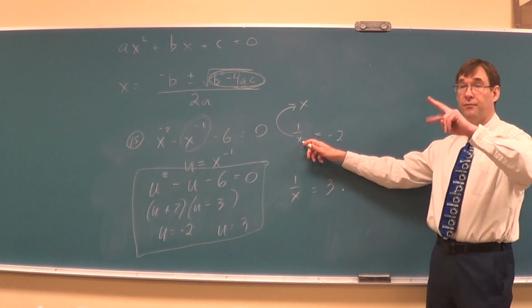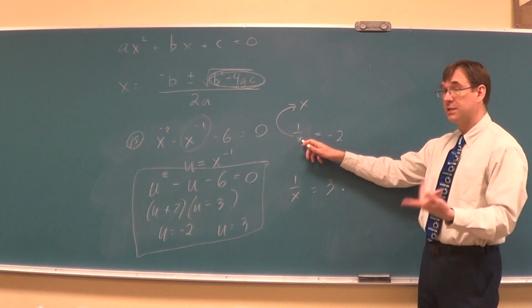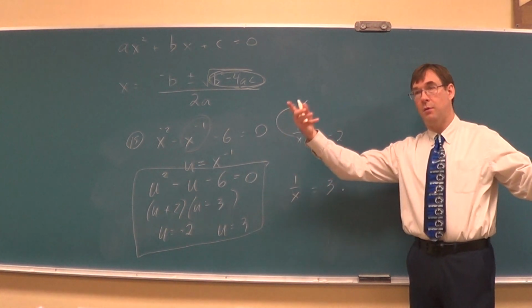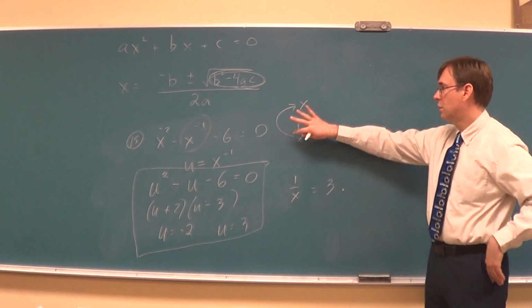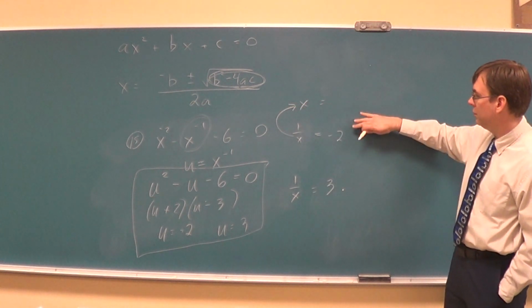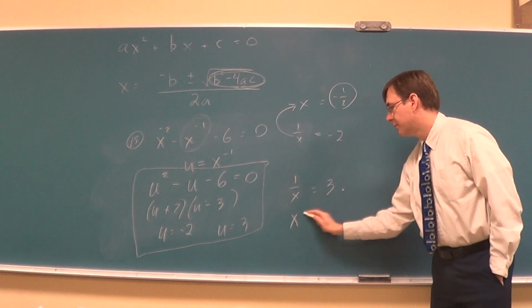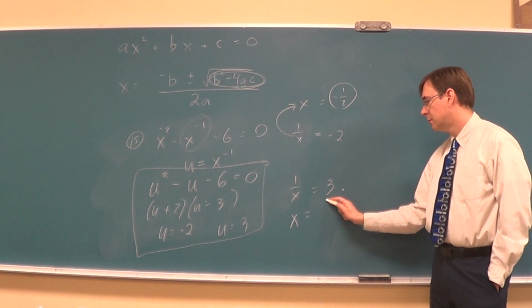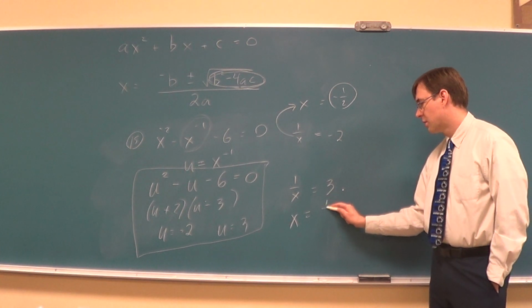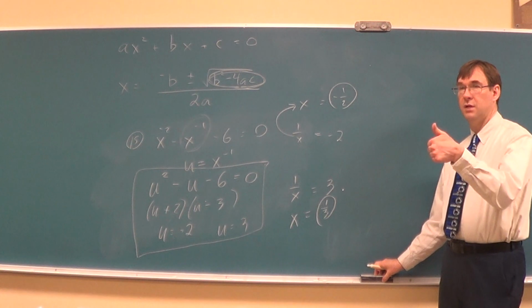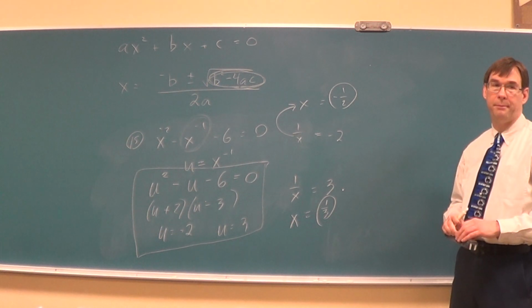Just flip it. 1 over x, flip, is x. And in algebra, whatever you do to one side, you have to do to the other. So if we flip this, we have to flip that. It's a negative half. And this, if we flip that, it's a third. You okay on 15? Question on any of that?